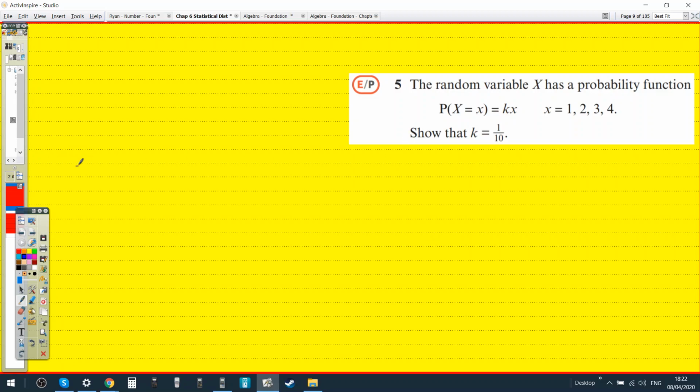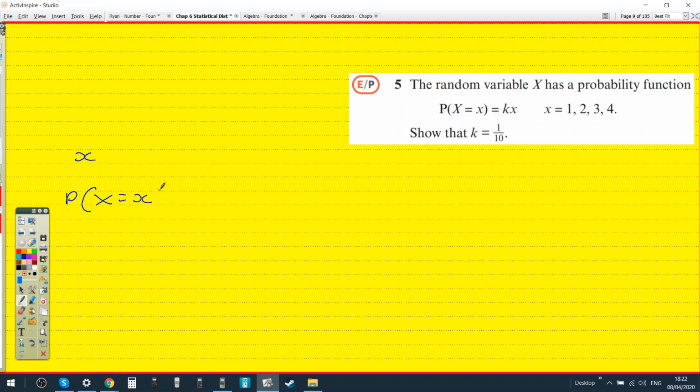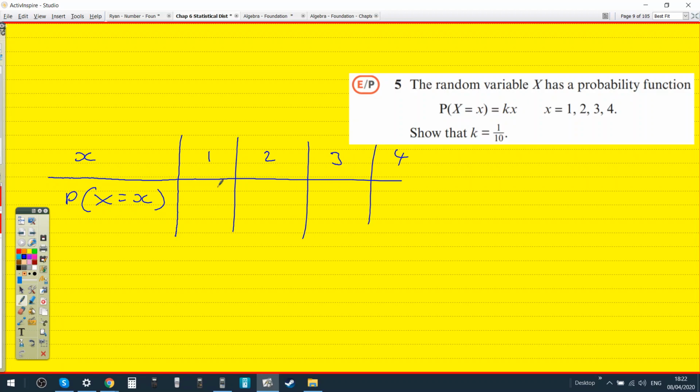So along the top is 1, 2, 3, and 4, and then the probability of all of them is kx. Oh, so like k and then 2k, 3k and 4k.